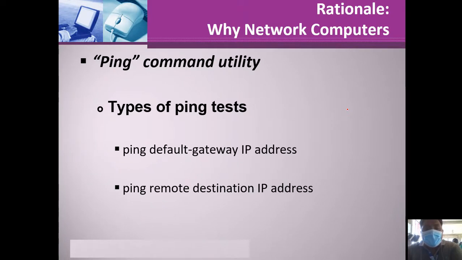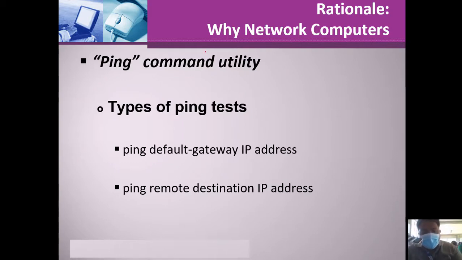We also have the default gateway IP address. We can also ping that one. The IP address is just like the gate of your hotel room. For example, if you are going to a hotel, the gateway is the gate.